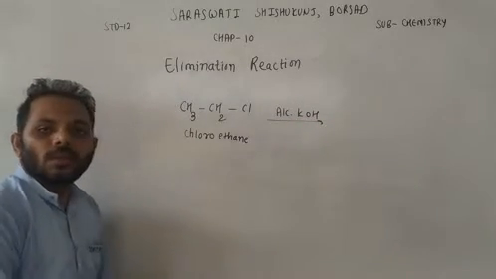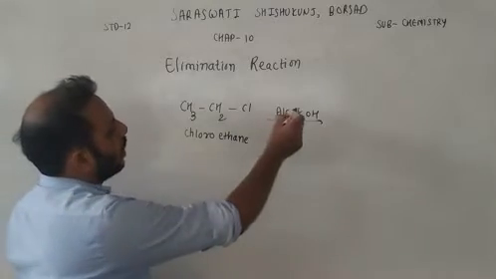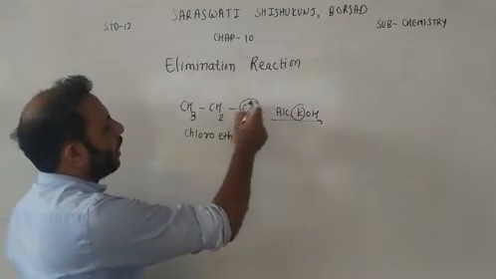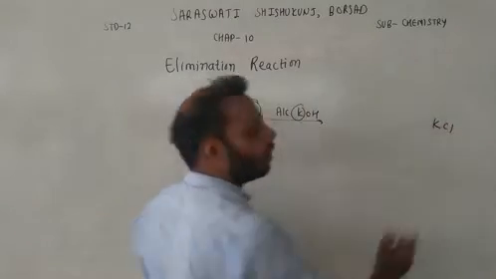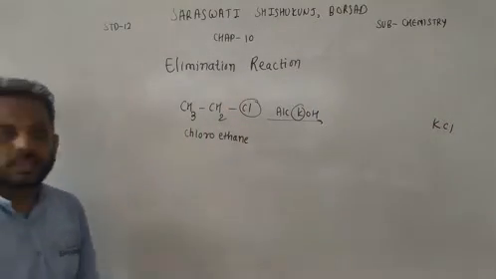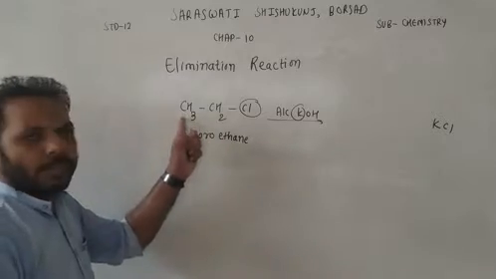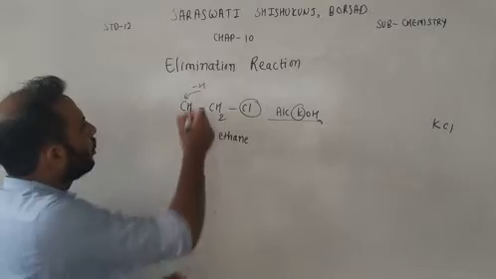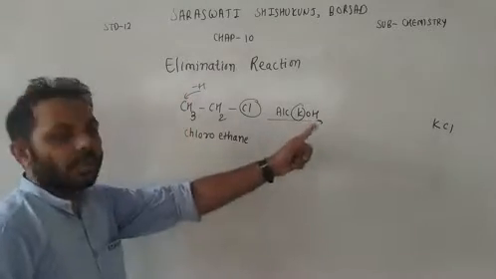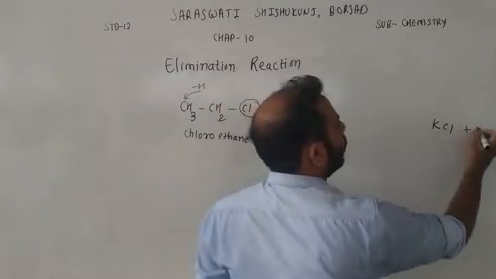Now, what will happen? This metal will react with halogen and it will form KCl. So KCl is released. Now from this carbon, hydrogen will be eliminated. So hydrogen from here and OH from here will form H2O.